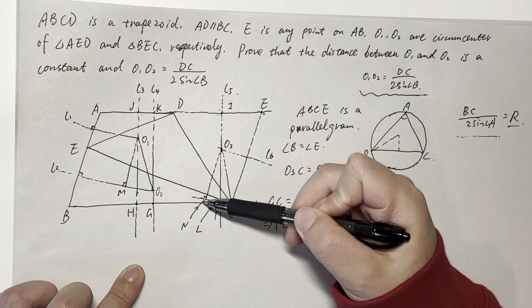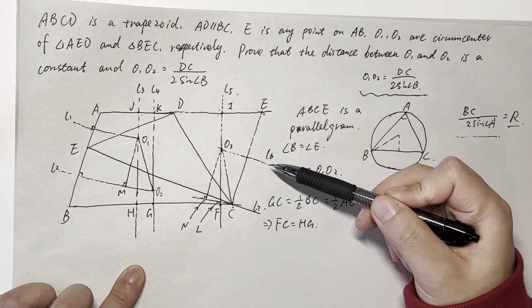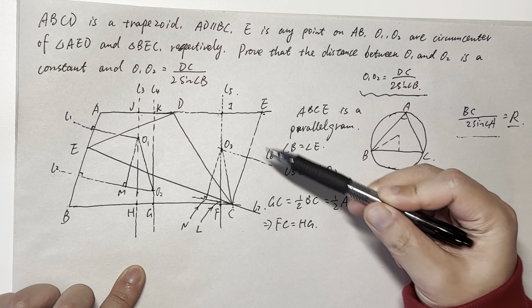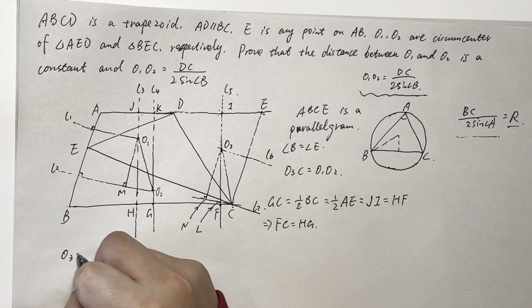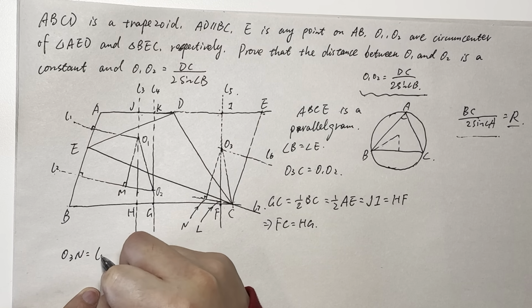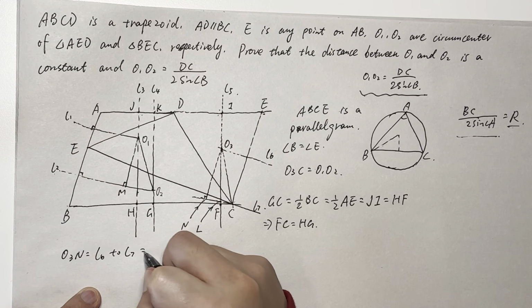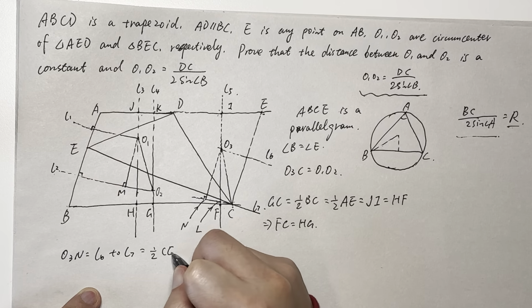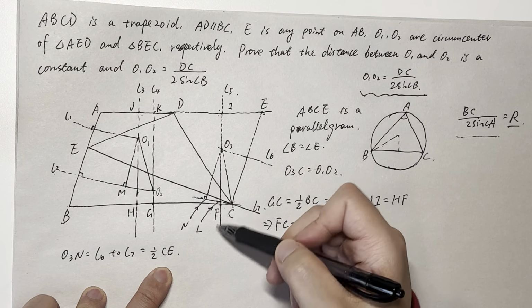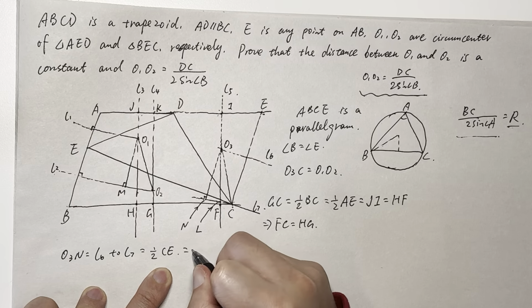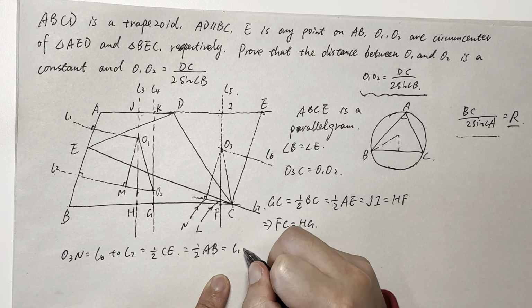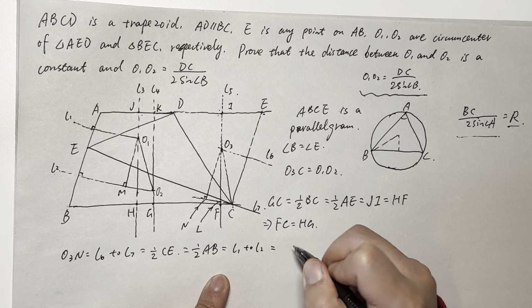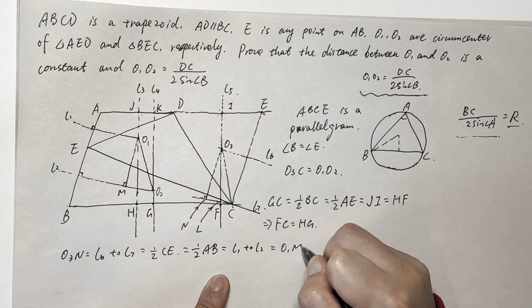Because O3N is the distance from L6 to L7, which is half of CE, right? O3N equals L6 to L7 equals half of CE. And half of CE is half of AB, which equals L1 to L2, which equals O1M.